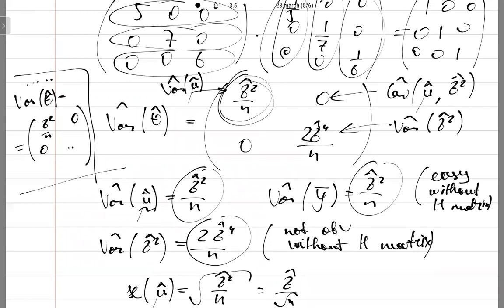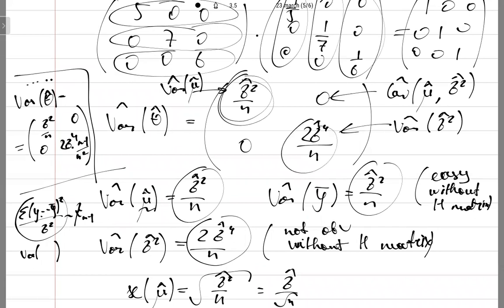It will not be 2 sigma to the power 4 over n. There will be a correction factor, because the sum of (y minus y bar) squared over sigma squared has a chi-squared distribution with n minus 1 degrees of freedom. So its variance will be 2 sigma to the power 4 times (n minus 1) over n squared. So it will be a little bit different. It's a good estimate, but if I just remove the hat, I will sometimes not obtain an exact answer.